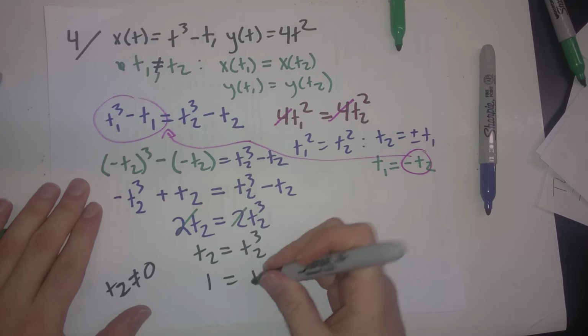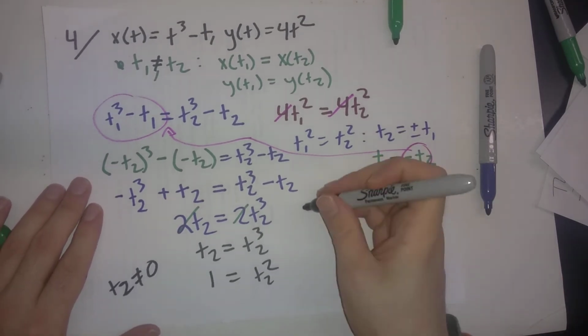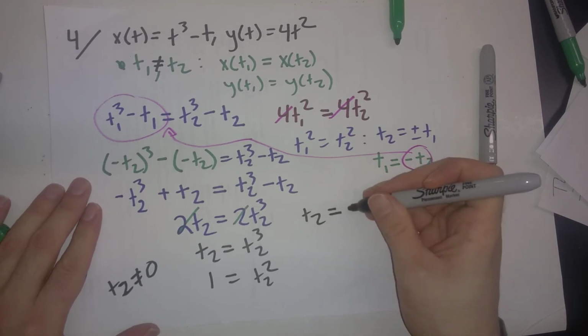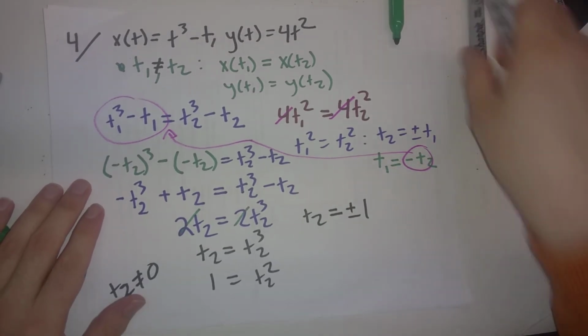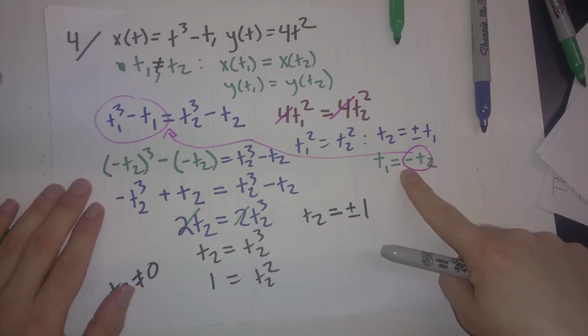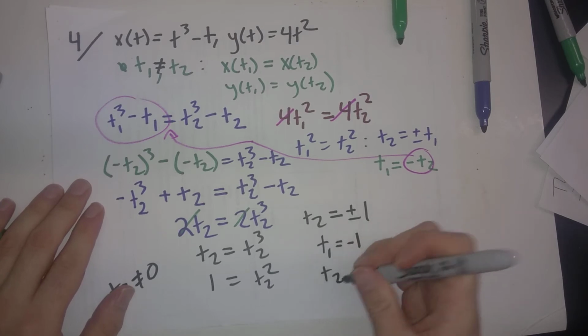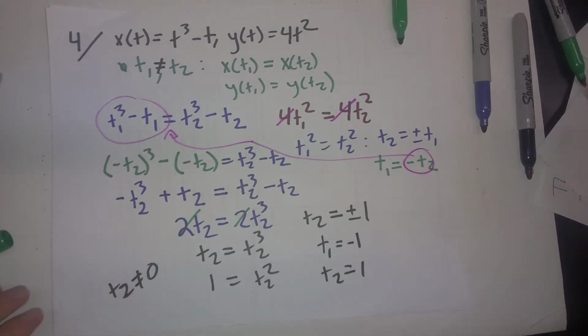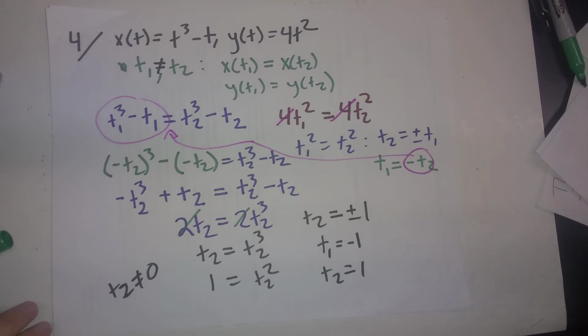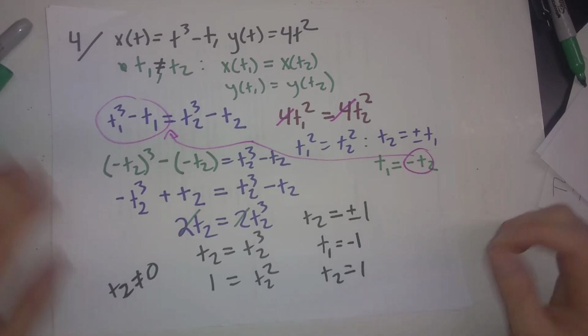So 1 is equal to t2 squared. And so what do we conclude here? t2 is equal to plus or minus 1. t1 is the negative of that. So we can choose t1 is minus 1, t2 is plus 1. You can make opposite choices if you wanted to, but this seems good just to have t1 less than t2.